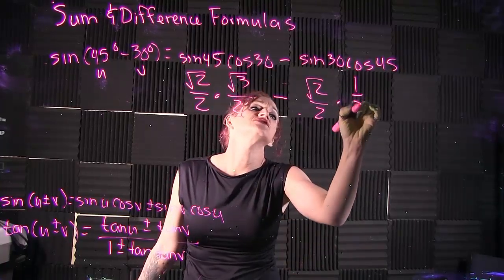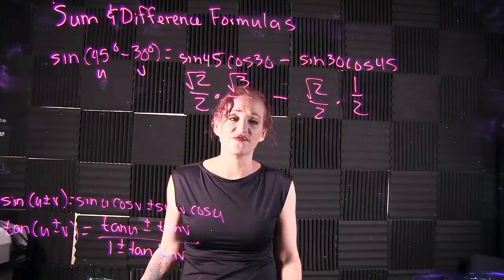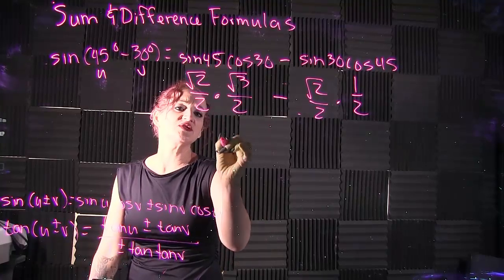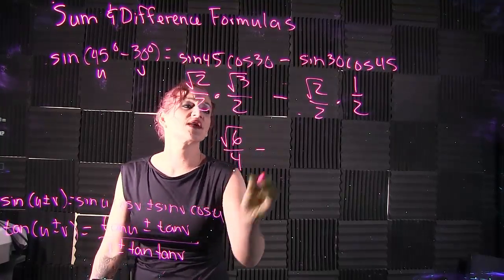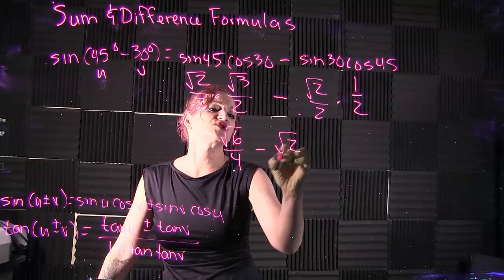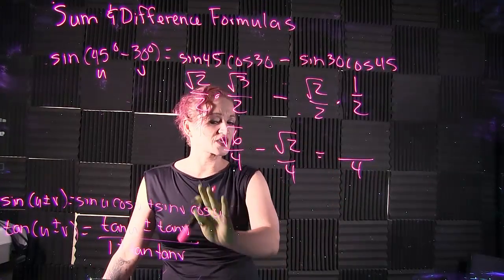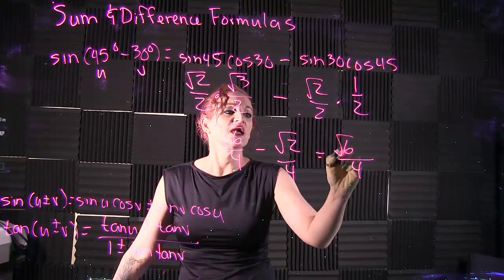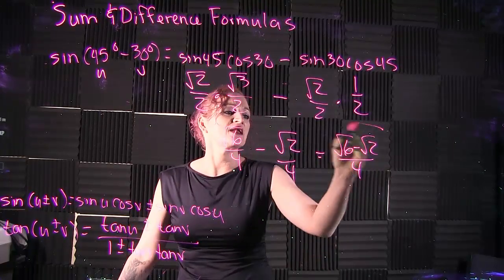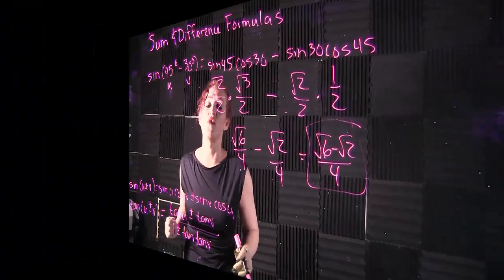Multiply each one of these, we get a square root of 6 over 4 over here, minus the square root of 2 over 4. And when we combine these into one fraction, again, we have common denominators. This is the square root of 6 minus the square root of 2 over 4.